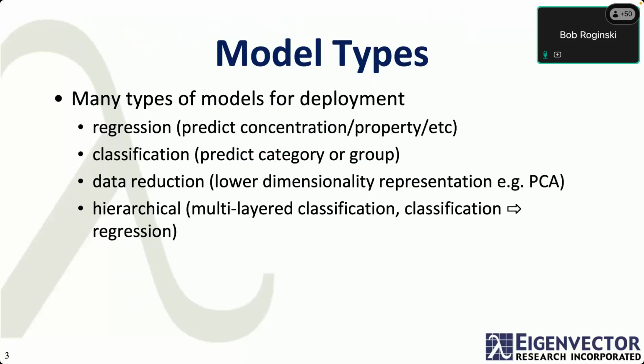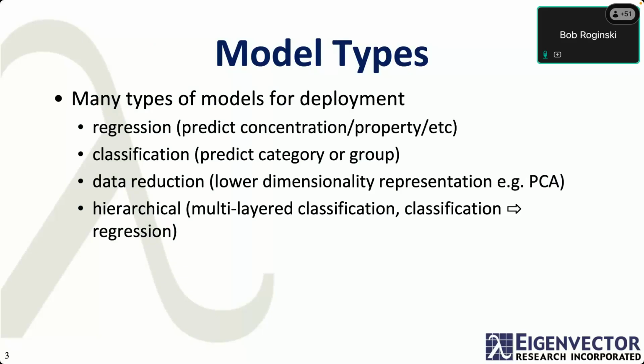I perform a measurement on my sample. I want to know, is it good or is it bad? Or if it's a product that I can make in multiple grades, which grade am I making at that point in time? Or am I perhaps in some kind of transition between grades?